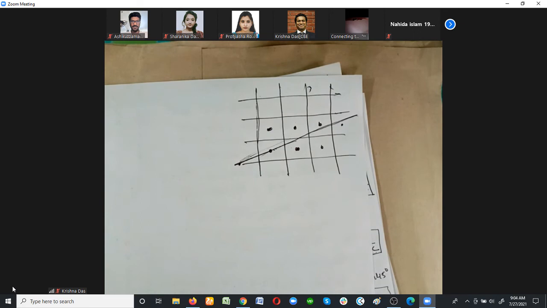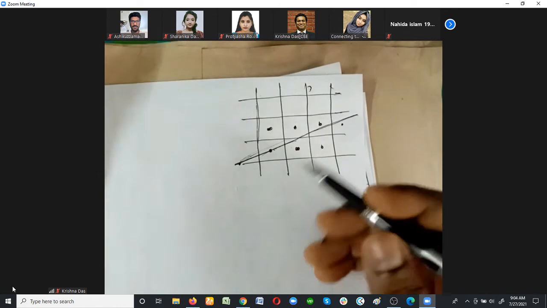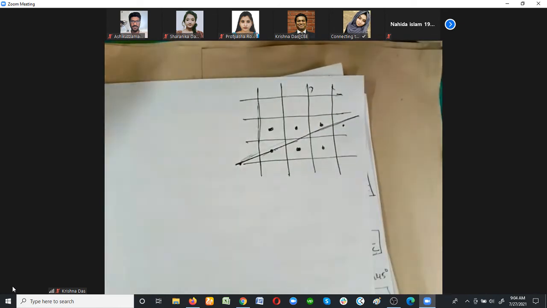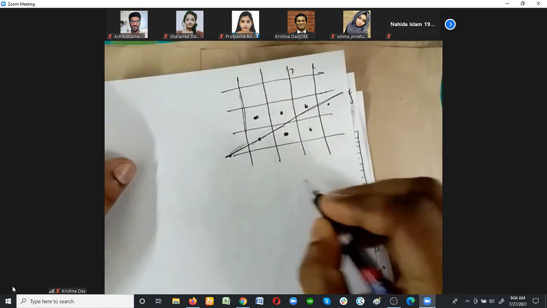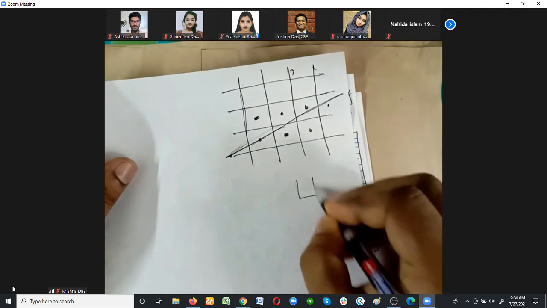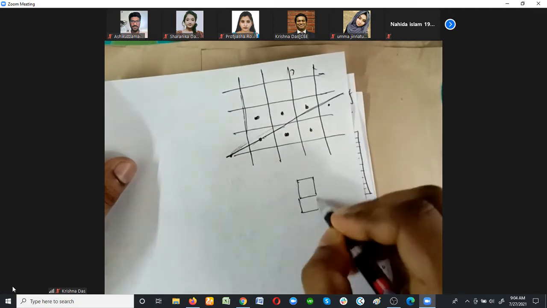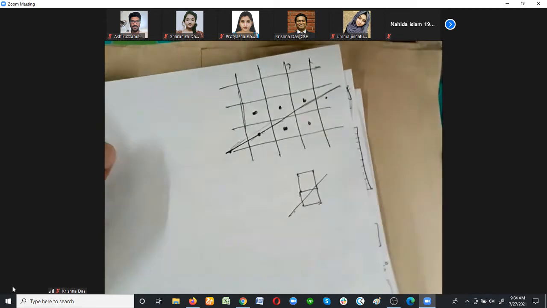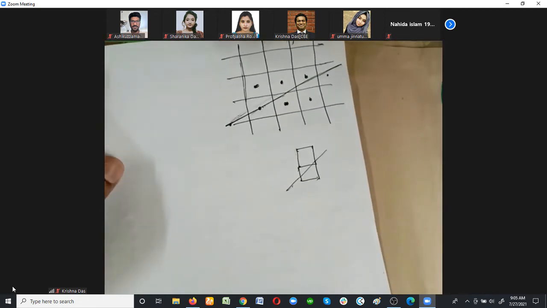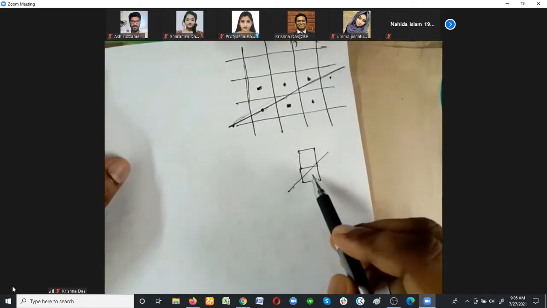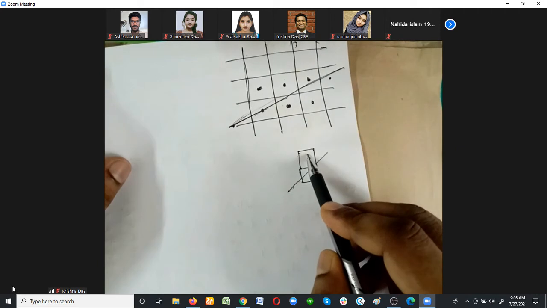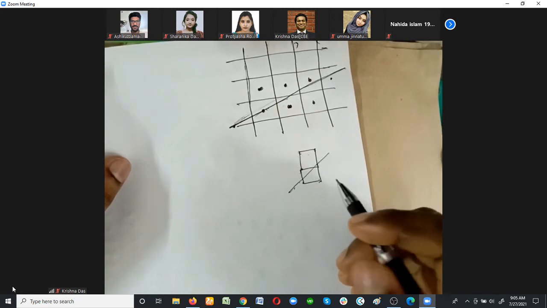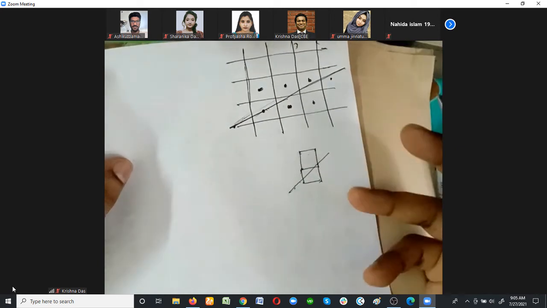So it would be better if I could have drawn it in such a way like this one I'm talking about. Say I have a pixel like it, and there is another one. A line is going like this way, say, right? So this line is touching this pixel, and also this pixel, right? Now, which pixel should be lit up?